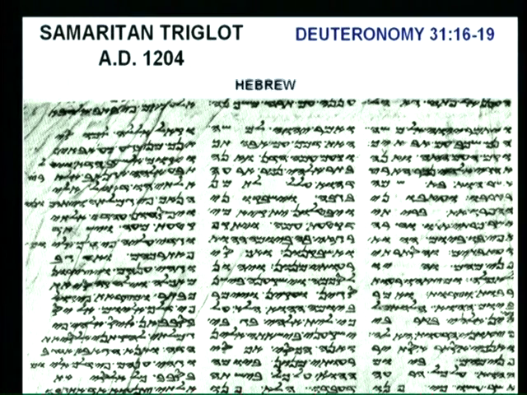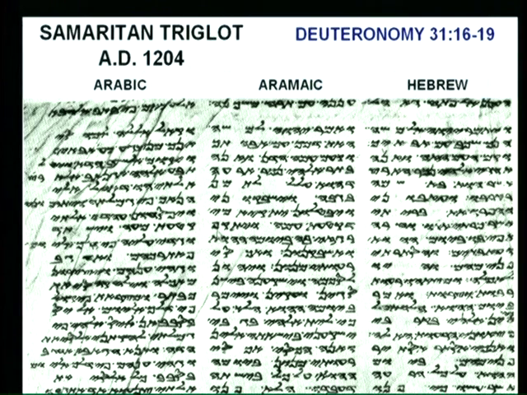Here's another example of the Samaritan Pentateuch. This is in 3 columns. This is what is called a Samaritan triglot. From Deuteronomy 31:16 to 19, you have a Hebrew column, an Aramaic column, and an Arabic column. Notice that the right-hand column has 2 letters together in a vertical column on the left-hand side to make certain this column is not confused with the column to the left of it.